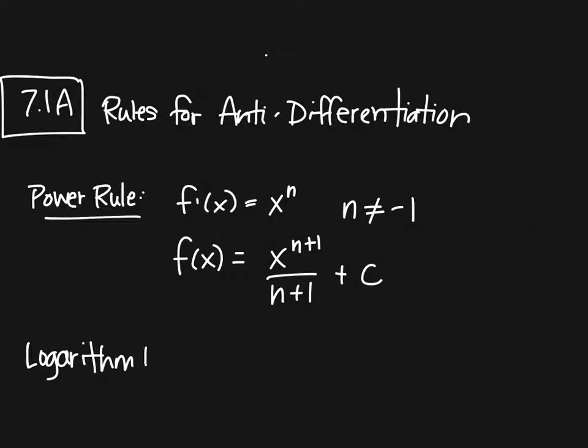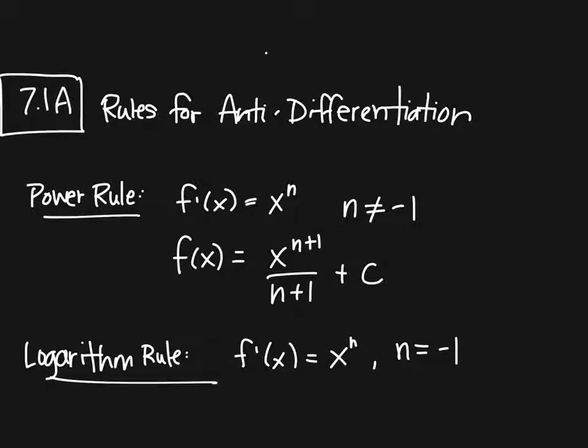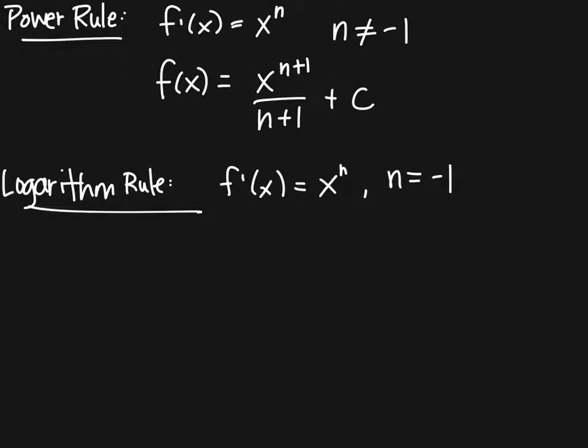So we have our logarithm rule: if f prime of x equals x to the n when n is equal to -1, then the antiderivative is the one situation where you'll have the logarithm of the absolute value of x plus c.